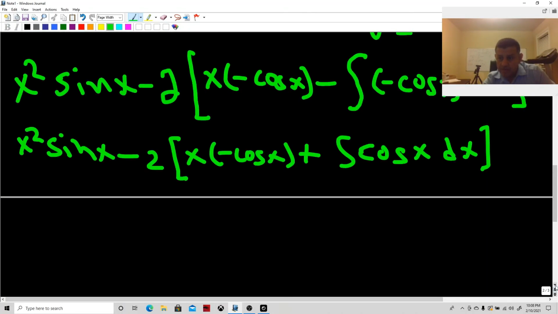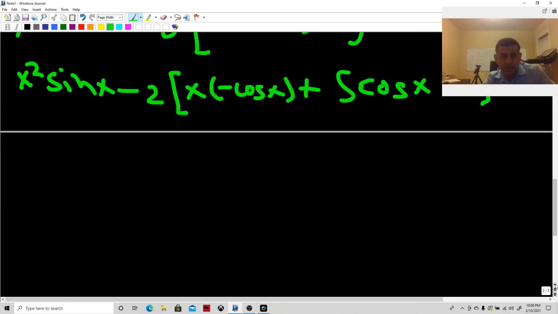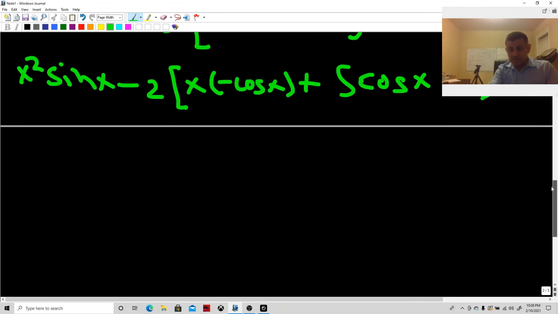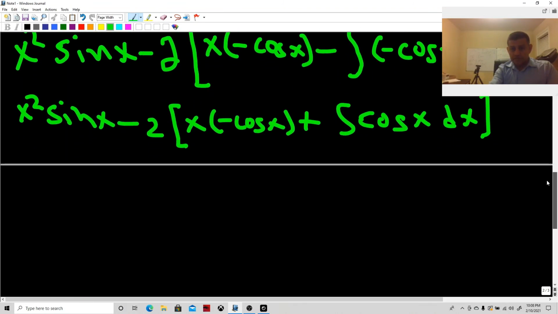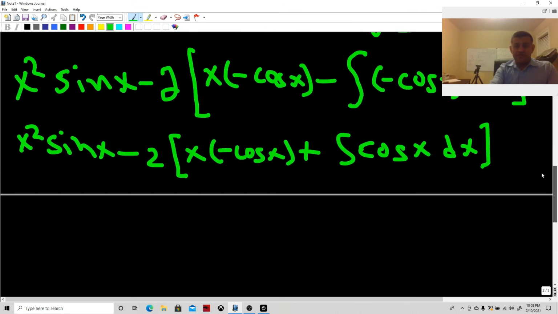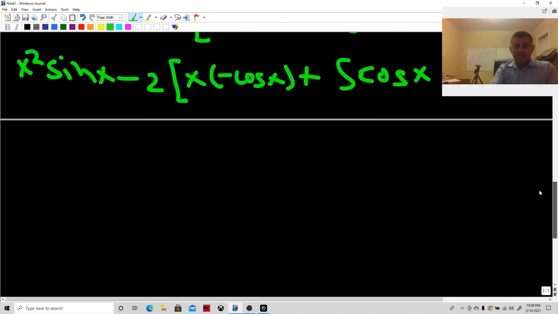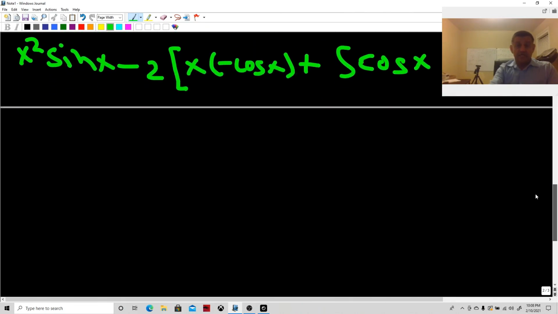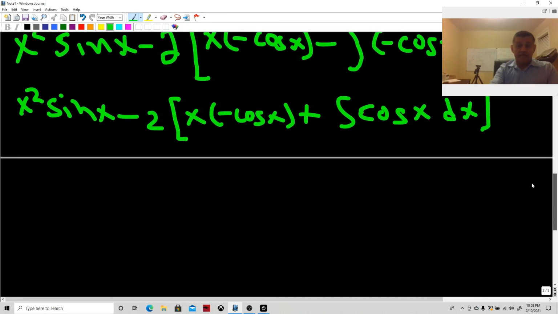So now, as you can see, that cosine x dx, the integral of cosine is sine, correct? The integral of cosine is sine.